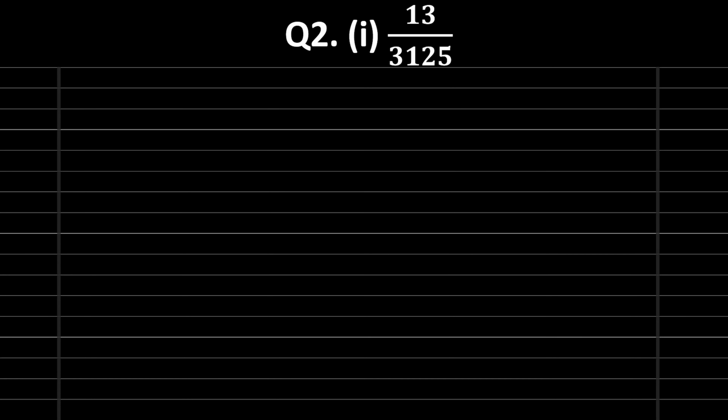Simple. Now, this is the first subpart of question number 2, 13 upon 3125. The prime factorization of 3125 is 5 raised to 5.